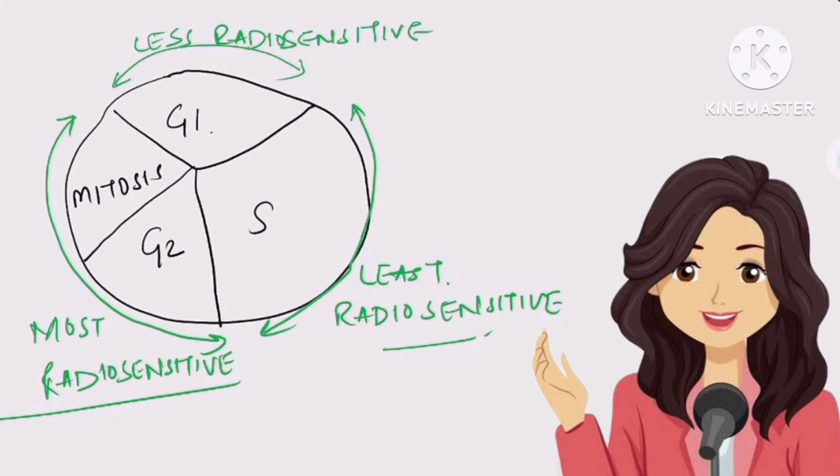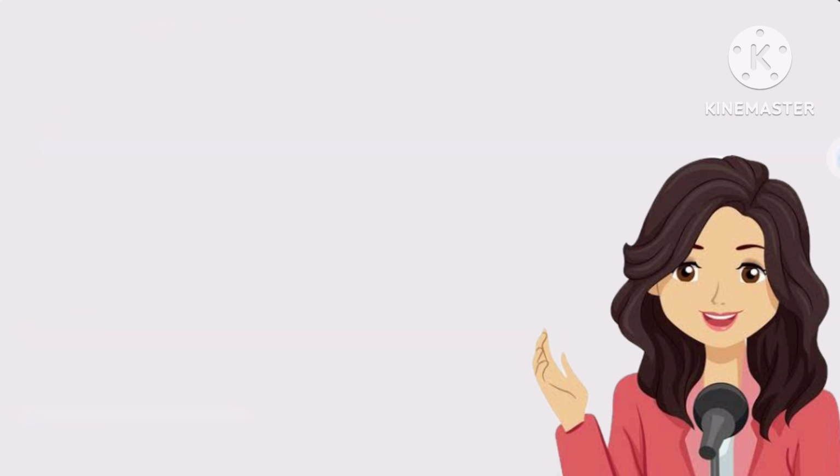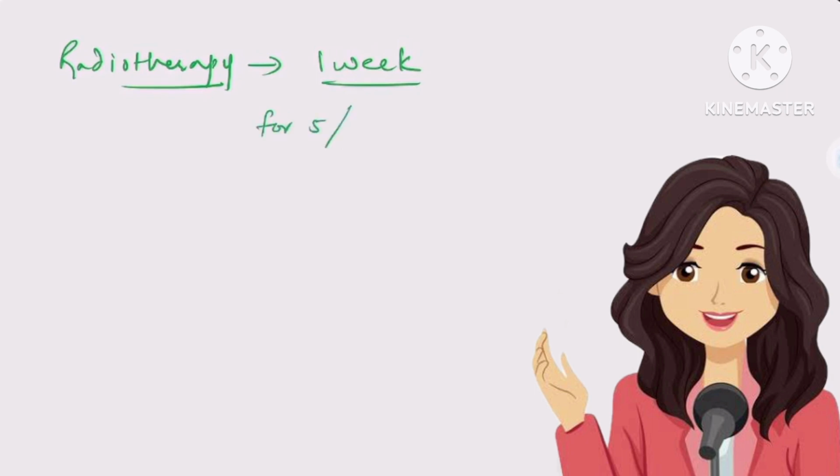So radiotherapy is administered to the patient, and what is the dosage? If we consider 1 week of radiotherapy, then we give it for 5 or 6 days, a daily dose.